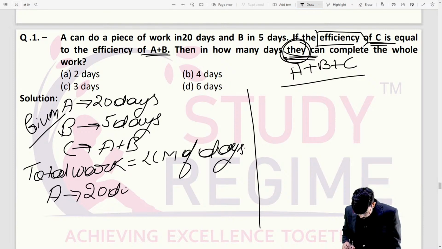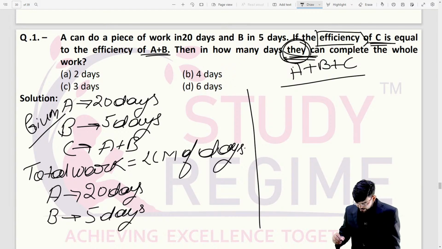A can do a piece of work in 20 days. B can do the same work in 5 days. What is the LCM of 20 and 5? You will get 20. This LCM is the total work.